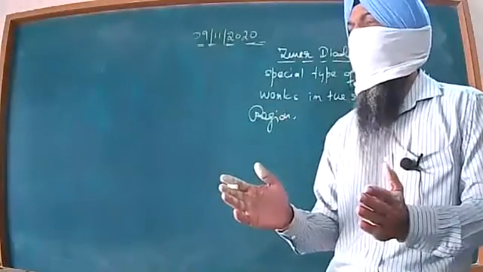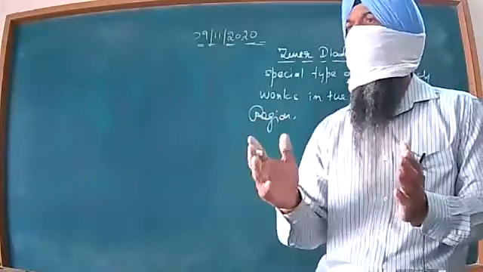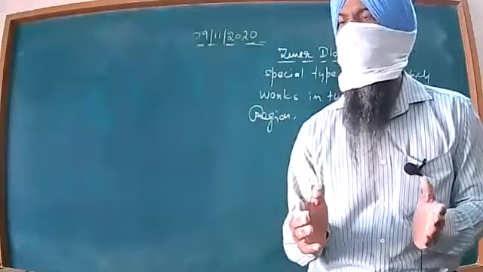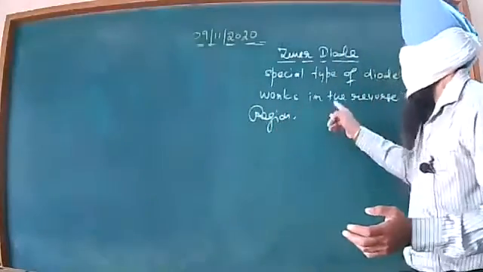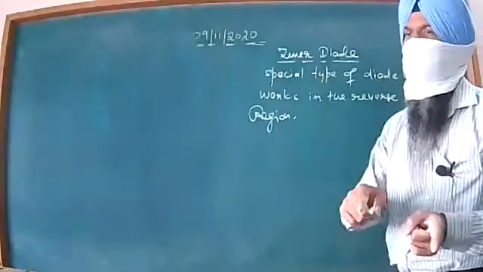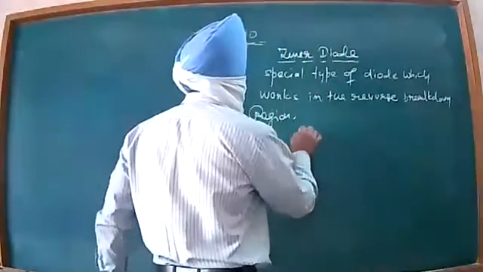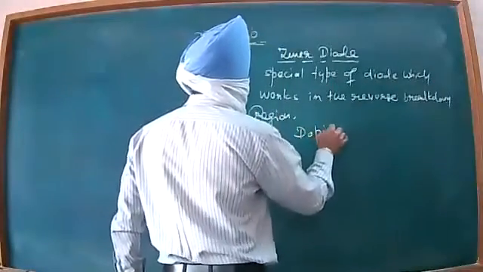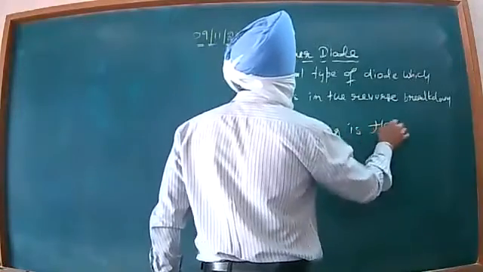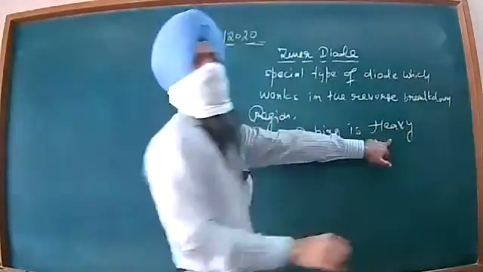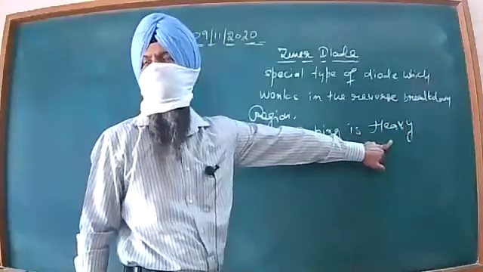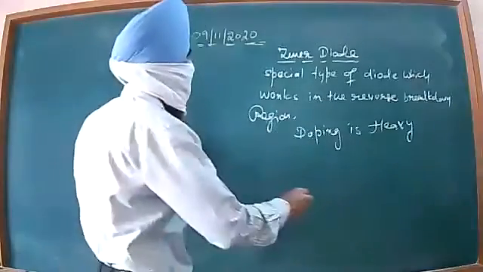In ordinary PN junction diode, we keep the doping levels moderate, 1 part per million. And here the P type and the N type regions are doped heavily. Doping is heavy in comparison to your simple PN junction diode.